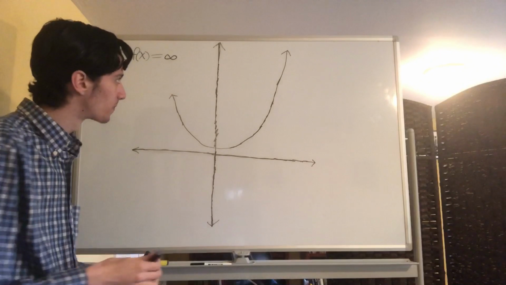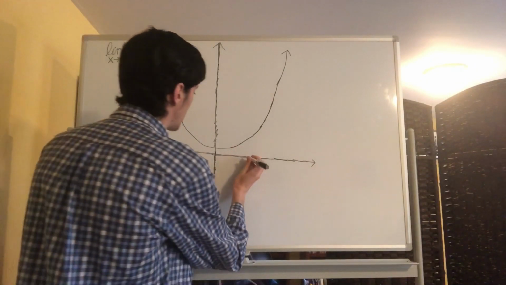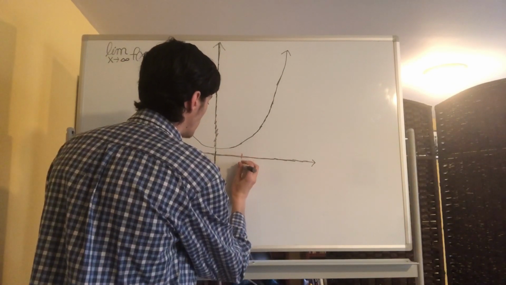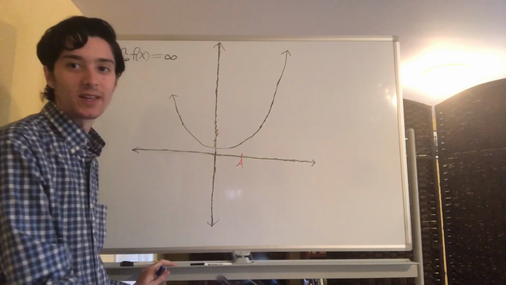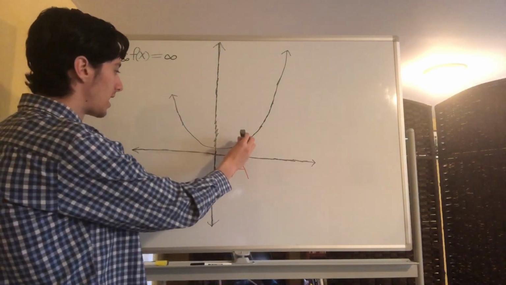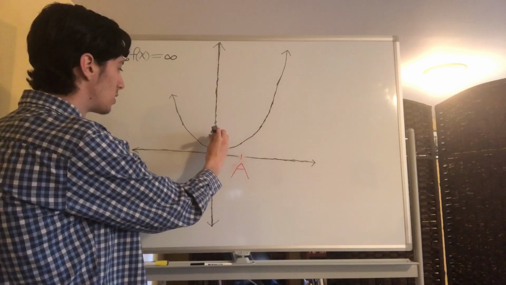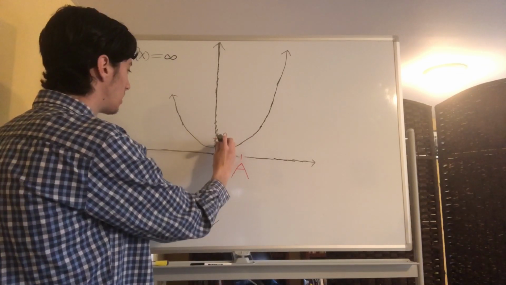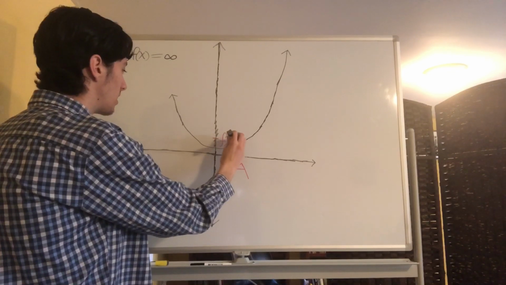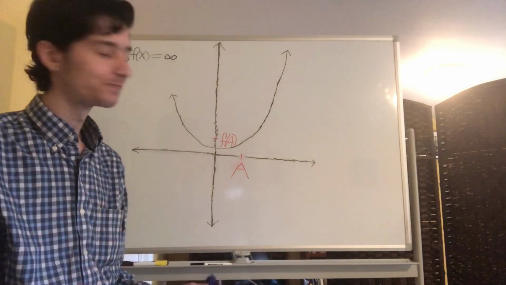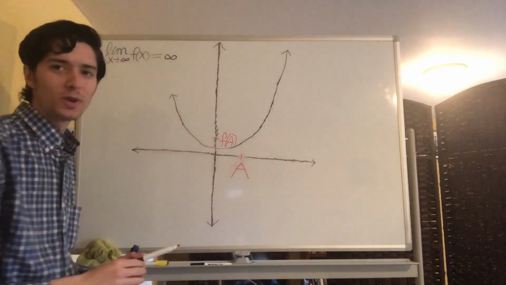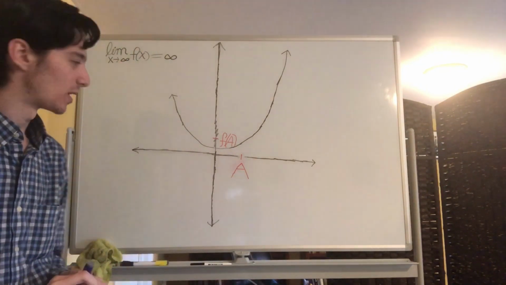So let's try to quantify that and make this precise. For example, let's say we choose an x value. Let's call that x value a. And this a corresponds to a y value, f of a. Now imagine all the x values greater than a.